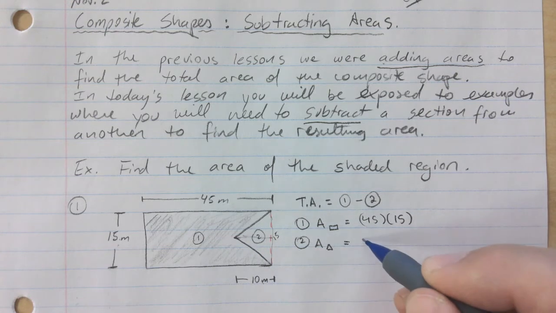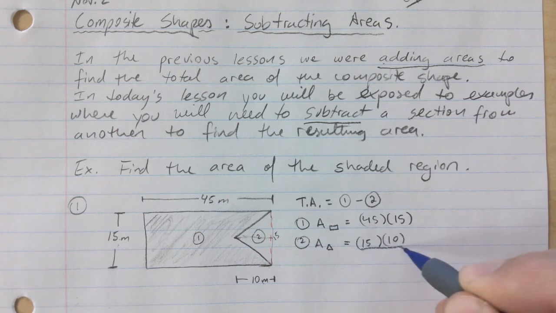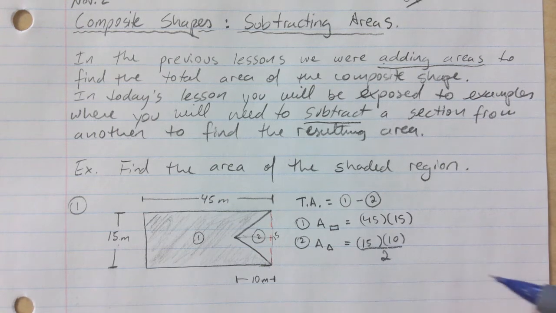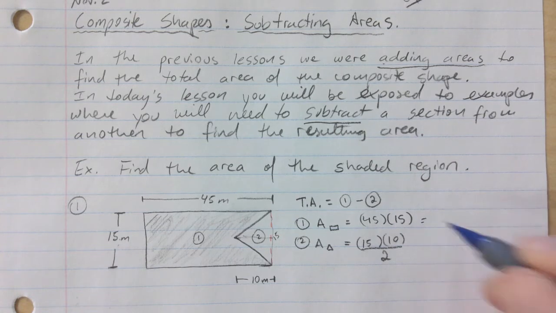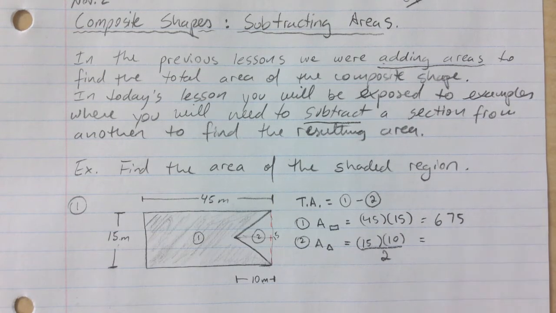So it's basically base times height divided by 2, and we get 675, and we get 75.